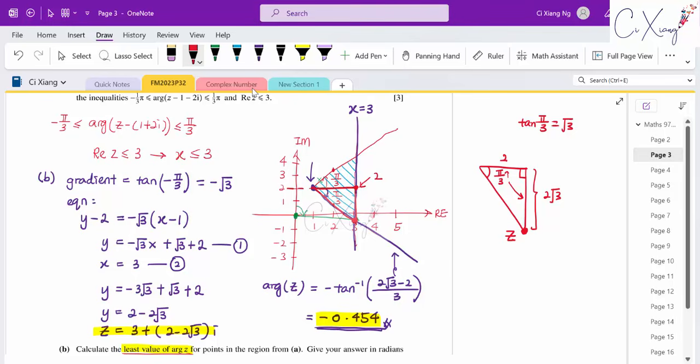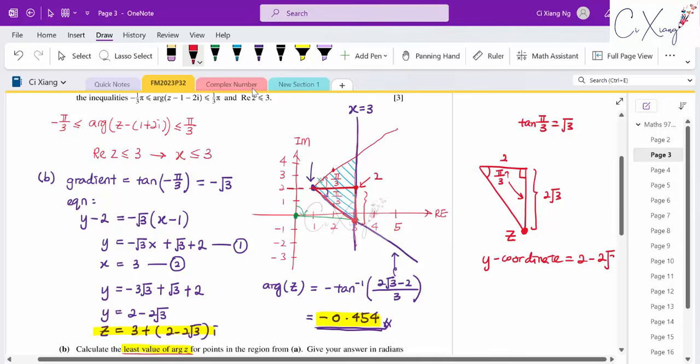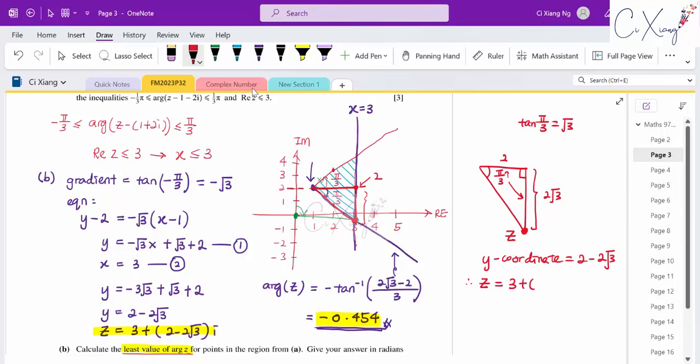And then z is 2 square root 3 units below the 2. That means the y coordinate for z will be 2 minus the height of the triangle, 2 minus 2 square root 3. Therefore, from here you know that z can be equal to 3 plus (2 minus 2 square root 3)i.